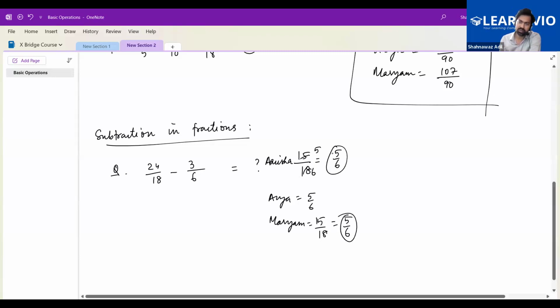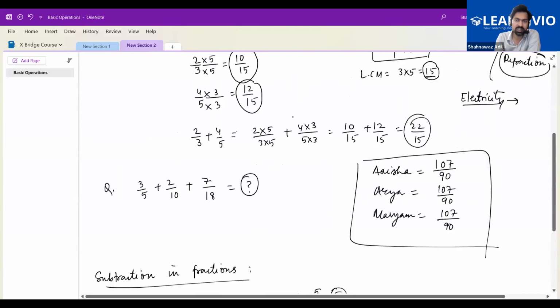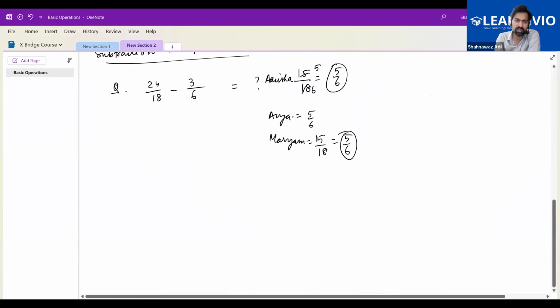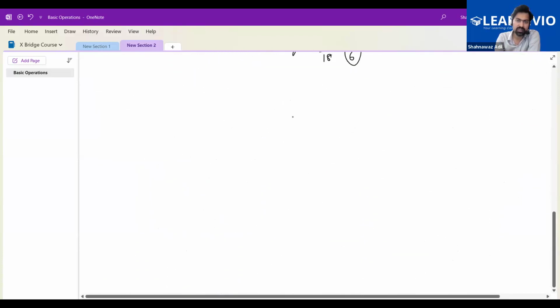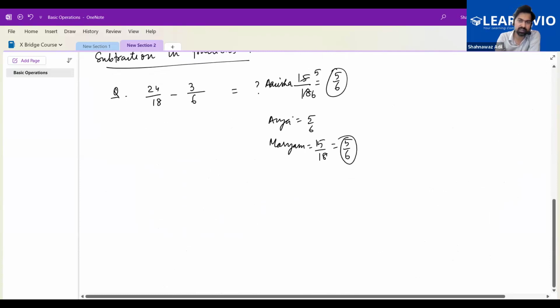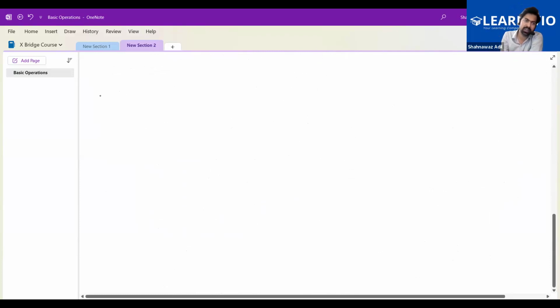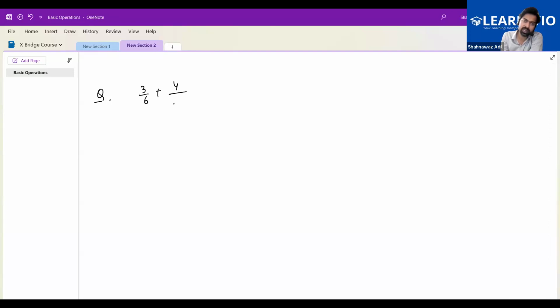Good. So this concept is very clear to you guys, right? These calculations are important. Okay, what happens if I write it in this way? So 3 by 6 plus 4 by 5 and then minus 3 by something.